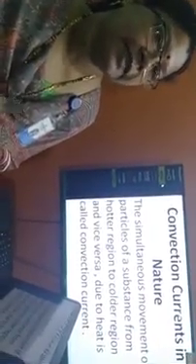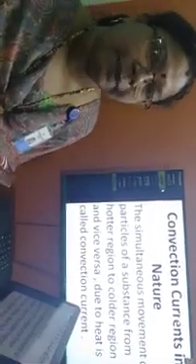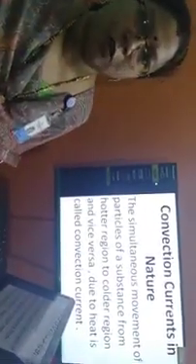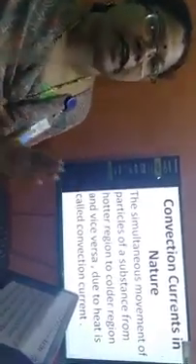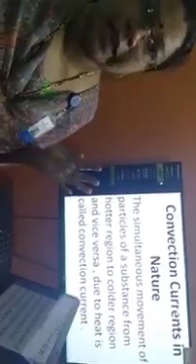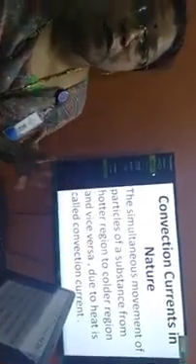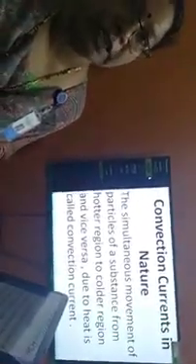Some places get heated up faster and some very slowly. So there is movement of particles from the hotter region to the colder region and from the colder region to the hotter region, and these movements are known as convection currents.